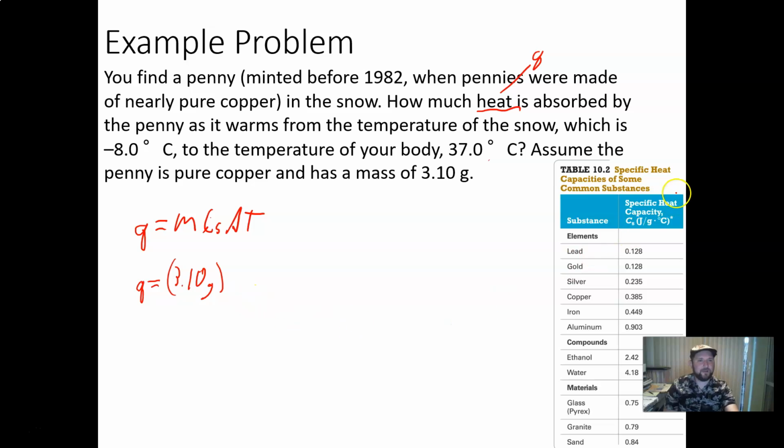Then we have a specific heat. Well, we're told it's copper. So notice I have a table here for me. I have none of these memorized, except actually I do have water memorized because we use it so much. But I have none of these other numbers memorized. And if I don't expect myself to know it, I won't expect you to know it. Even the water I give to you on an exam. And then we would put in the specific heat of copper, 0.385.